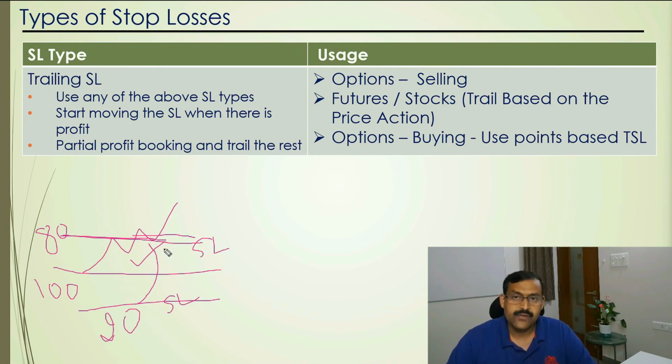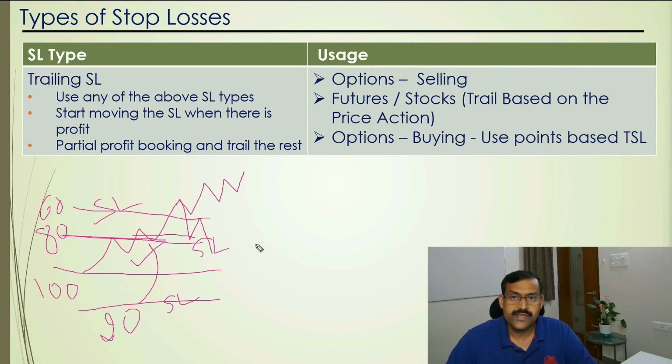So that way you are ensured that you are in a profit, even if the stock or the instrument comes back and hits your new stop loss. So as long as the stock or the instrument keeps favoring you, you can keep shifting your stop loss up and up. So this is how you can trail the stop loss. This I have explained for a long position.